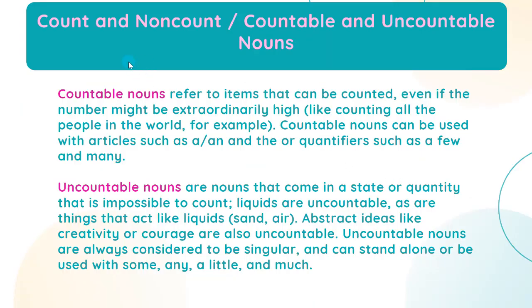Oke, next count and non-count atau countable and uncountable nouns. So countable nouns refer to items that can be counted even if the number might be extraordinarily high, like counting all the people in the world, for example. Countable nouns can be used with many articles such as a or an, and the, or quantifiers such as a few and many.